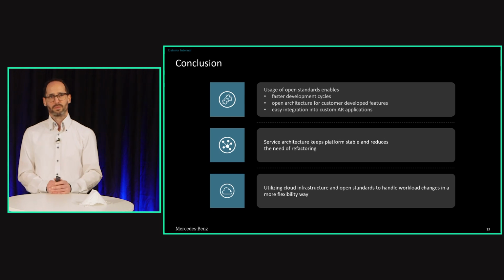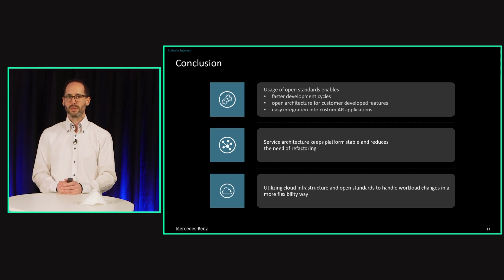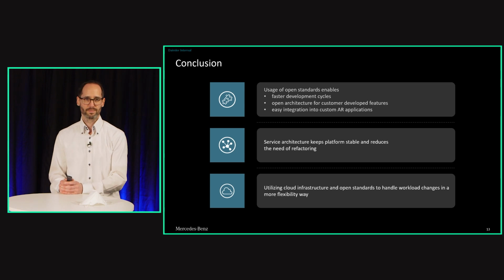For our understanding, this is only possible because we have a quite stable service architecture below. The platform we get with the Instant 3D Hub is stable, and it reduces the need for refactoring or rebuilding parts of the application just because the users changed, the location changed, or the use cases changed.